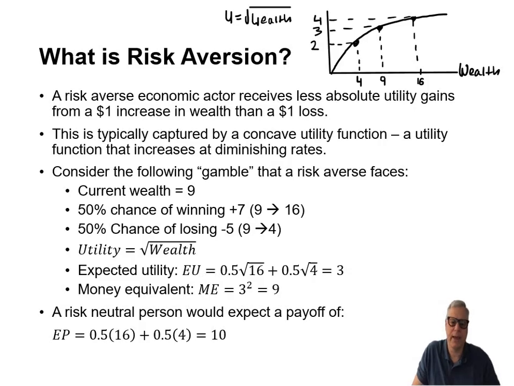So now a risk-averse individual thinks in terms of expected utilities. So the expected utility is that the risk-averse individual expects with a probability of 0.5 the square root of 16, and with a probability of 0.5 the square root of 4. So that would be 0.5 times 4, so the first term is 2, the second is 0.5 times 2, so that's 1, so that's the expected utility of 3.